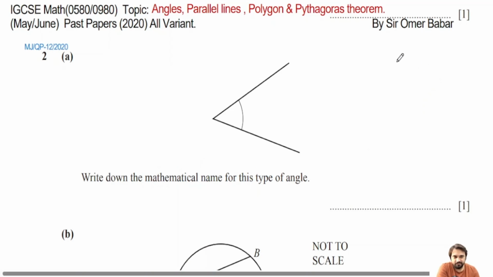We have three types of angle basically. Number 1, acute angle. Let's say we have theta, an angle. If theta is greater than 0 degrees and less than 90 degrees, then we have an acute angle. Number 2, obtuse angle.